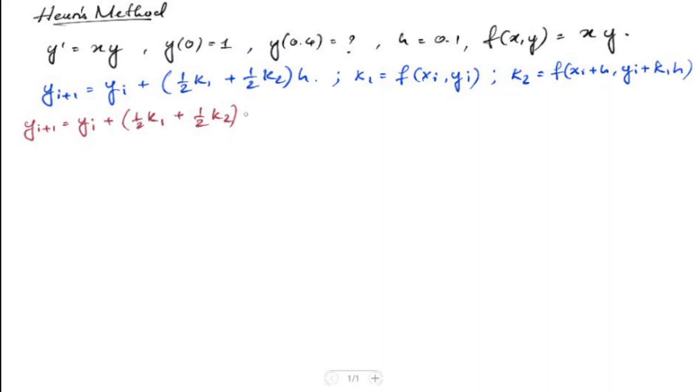We know the value of h already, which is 0.1.